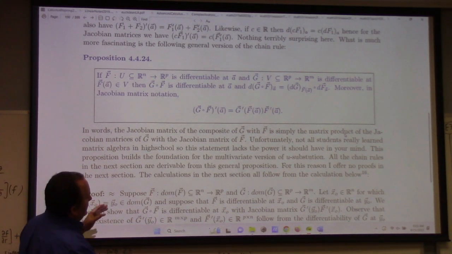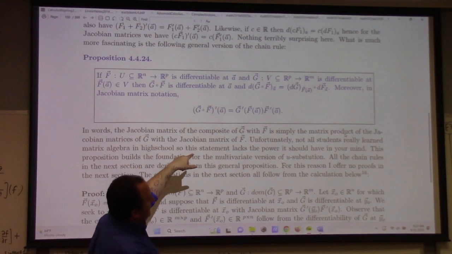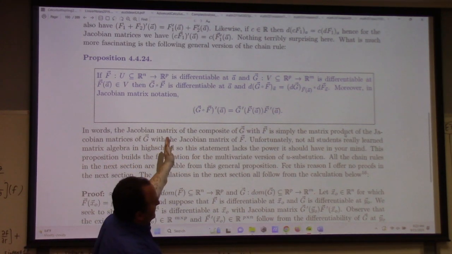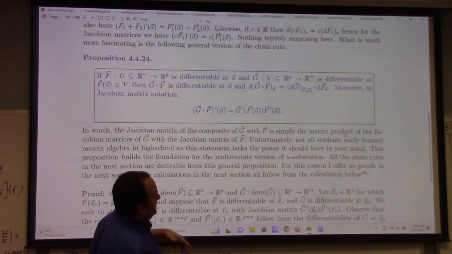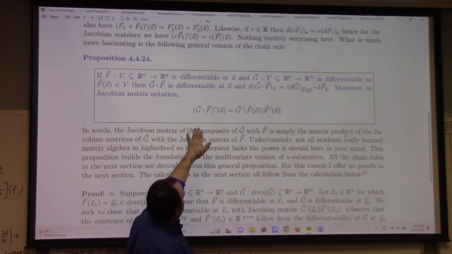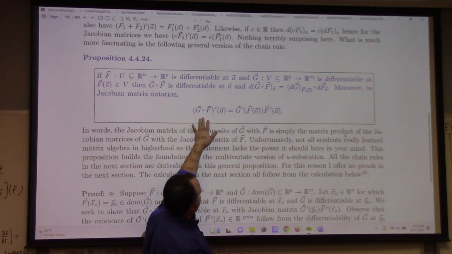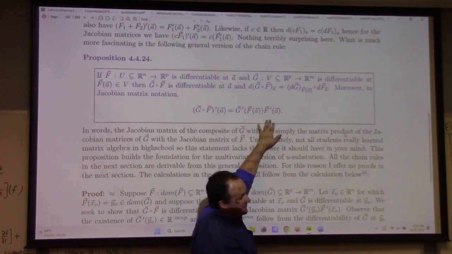If I take the derivative of the composite of two maps, the derivative of the composite is actually the composite of the derivatives. And what that means for the matrix is that the matrix of the composite is the matrix of the first one multiplied by the matrix of the second one.